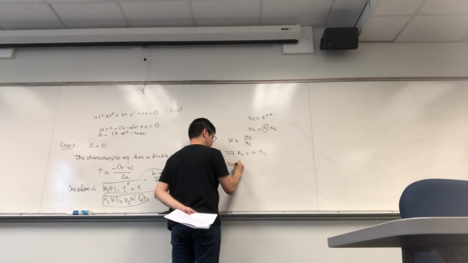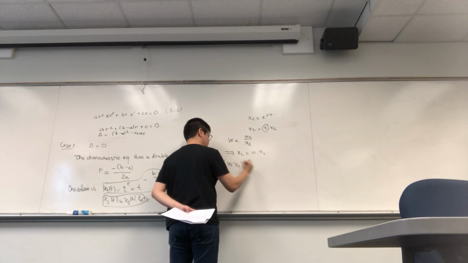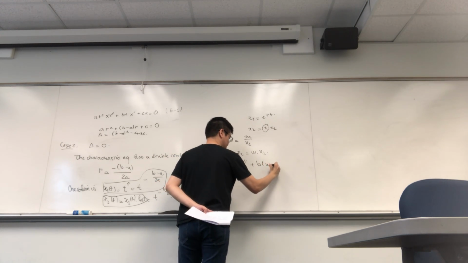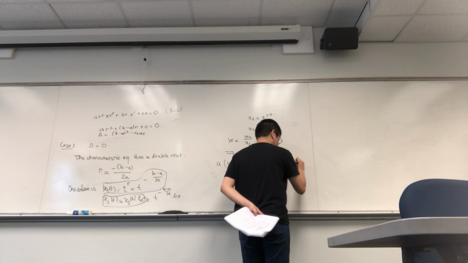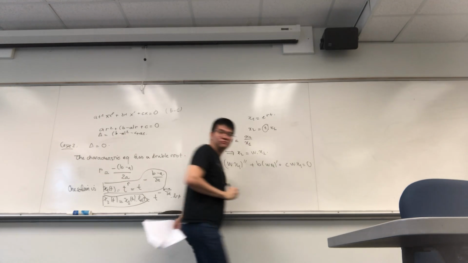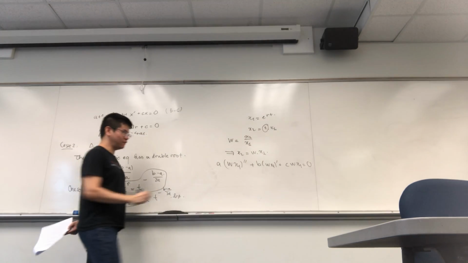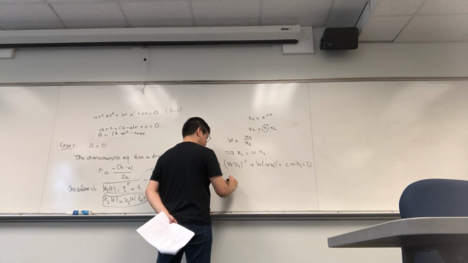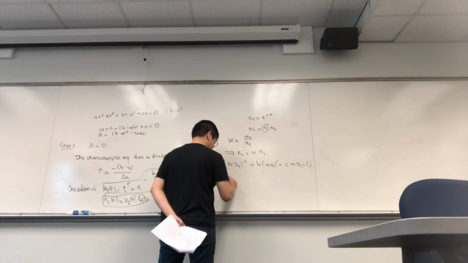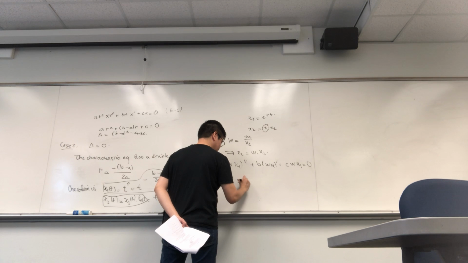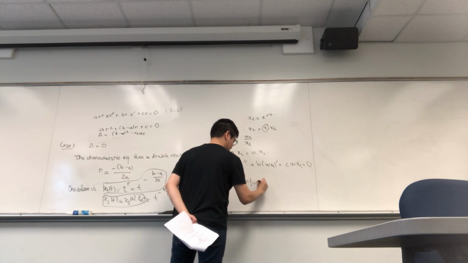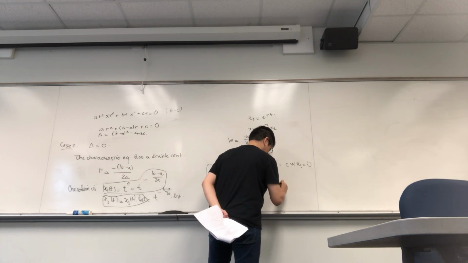You have w x1 second plus b w x1 prime plus c w x1 is 0, right? And finally, you find that w prime satisfies our first order equation.